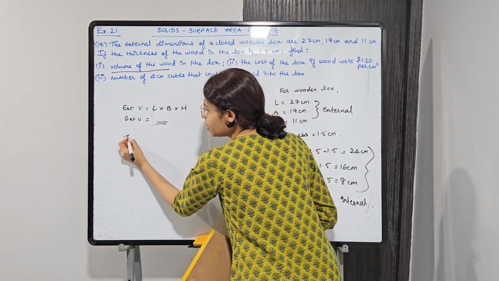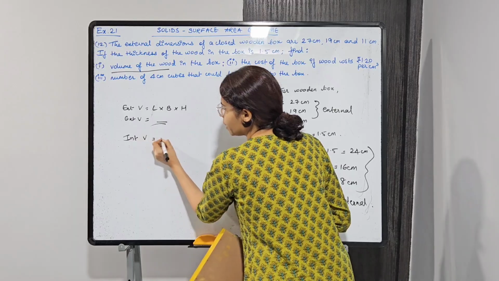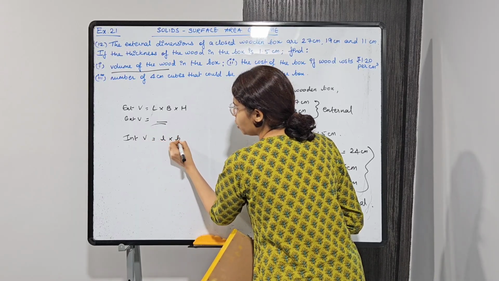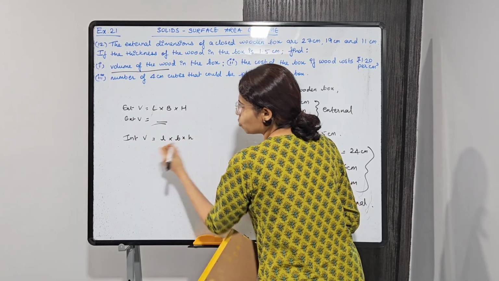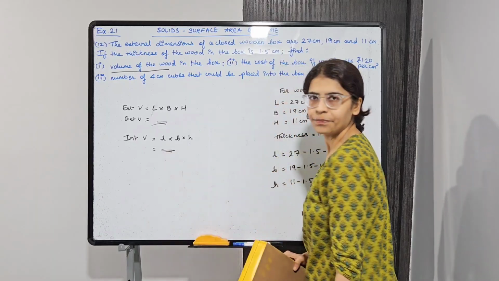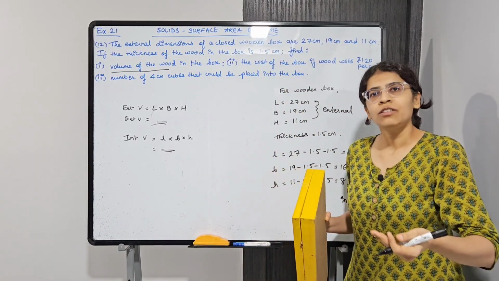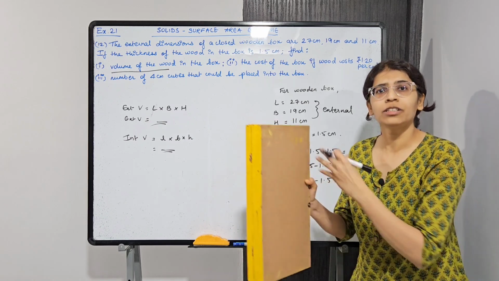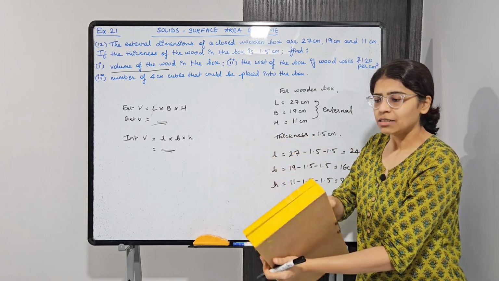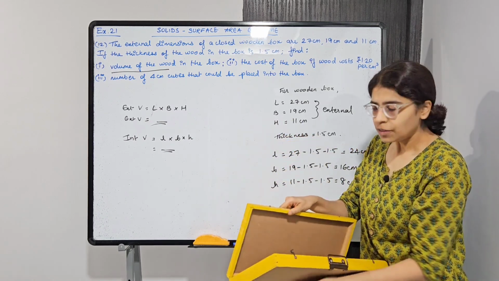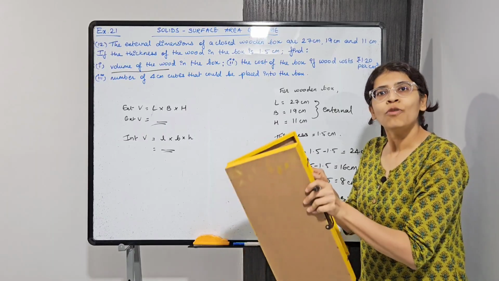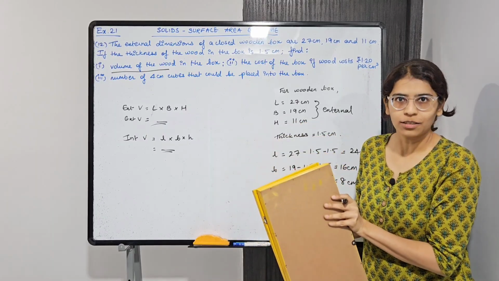In the same way, the internal volume will be small l into small b into small h, so I can easily find the value. External volume, the total outside volume, minus internal volume will give me the volume of the wood required to make the box.